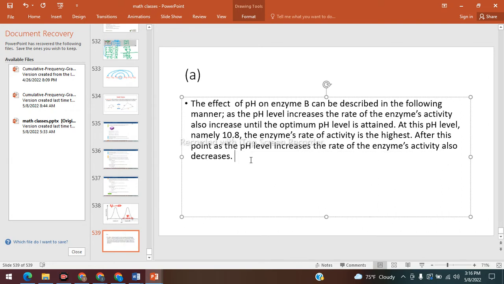But if I were to, I would say that before we arrive at the enzyme at the optimum level, the relationship follows a direct relationship. But after, it is inversely relational, because after, as you increase the pH, the enzyme activity decreases.